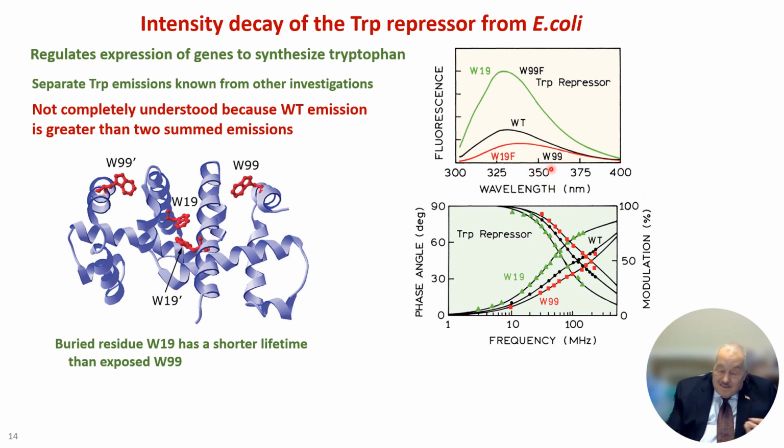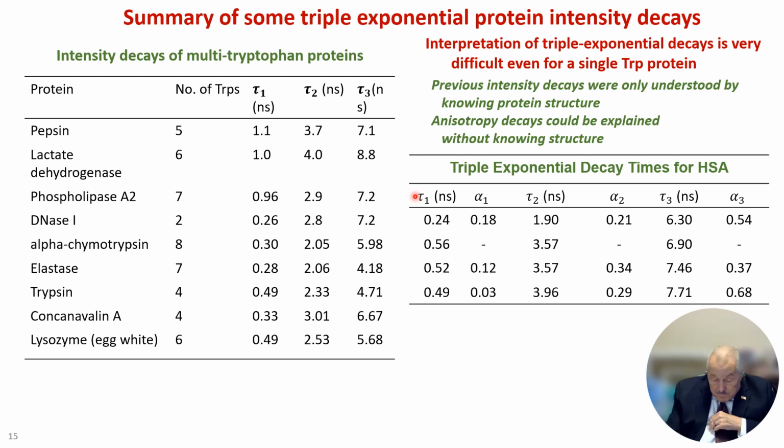So that's a mystery. Certainly, it has to do with how the protein folds when the tryptophans are substituted. But in any event, they don't add up, and that's something that happens a lot in protein fluorescence. We can't always make things add up.